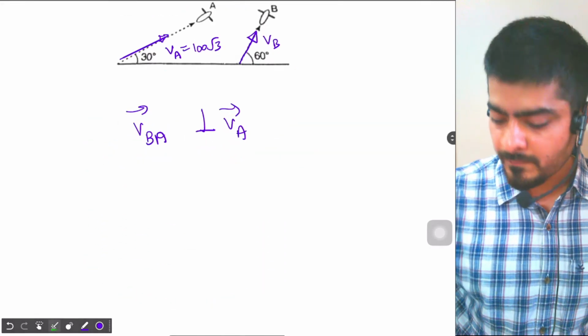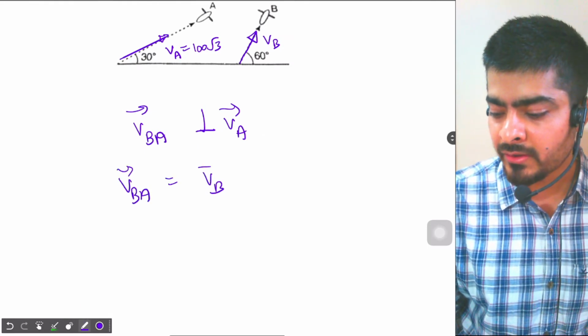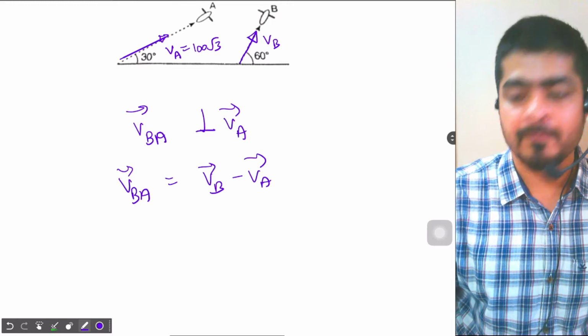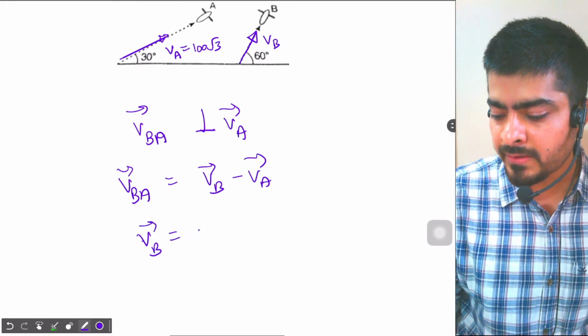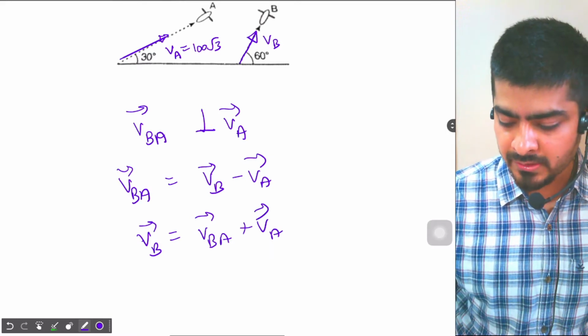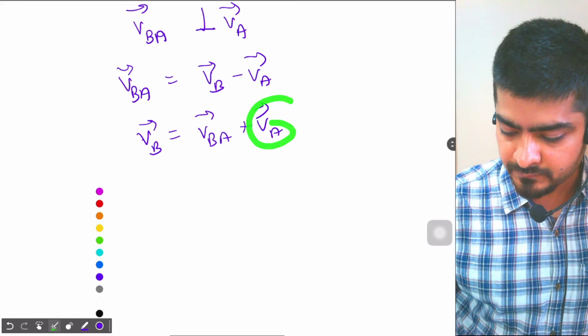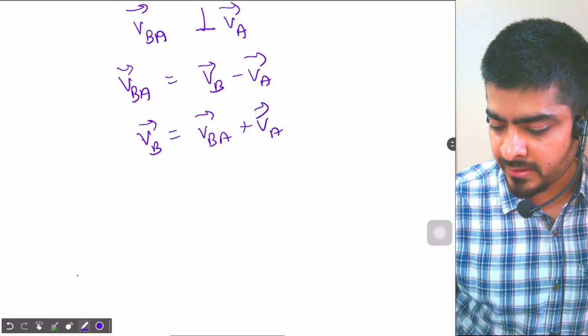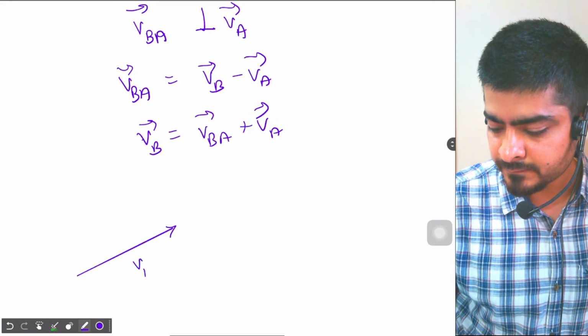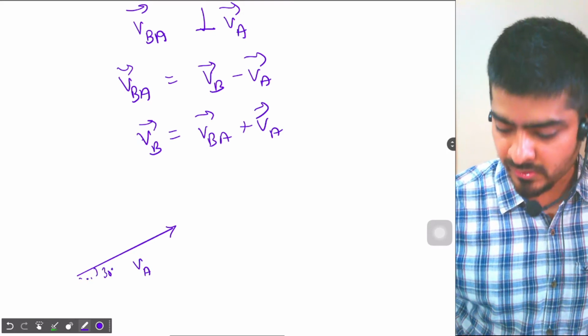So now the velocity of B with respect to A is velocity of B minus velocity of A, or velocity of B will be equal to VBA plus VA. So let's draw them. First of all, I have this VA vector, making an angle of 30 degrees with the horizontal.